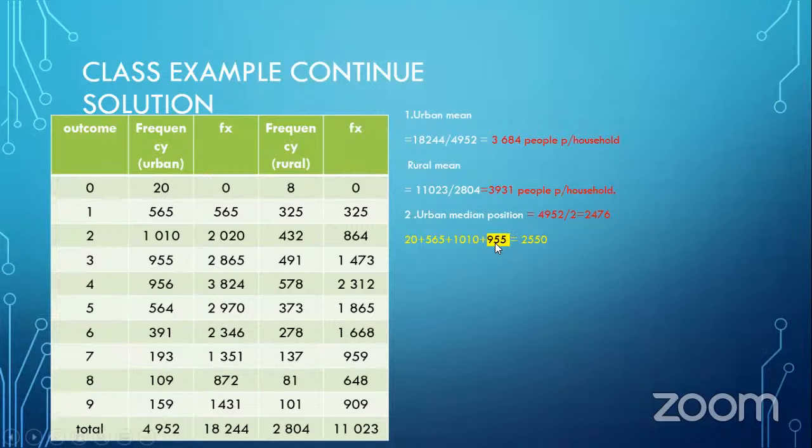Why did I stop at 995? Because here it says 2,776. Number one, you don't want to go above that number. It must be equivalent to or more than the number that we got as the median when we add the sums.